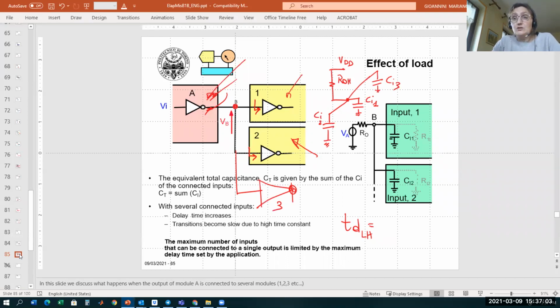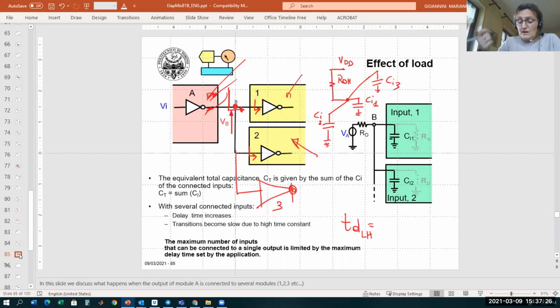So you see that the input capacitance of each module goes in parallel to the input capacitance of all the others. So in conclusion, at this node you see a total impedance, which is the parallel of the input capacitance of each module.